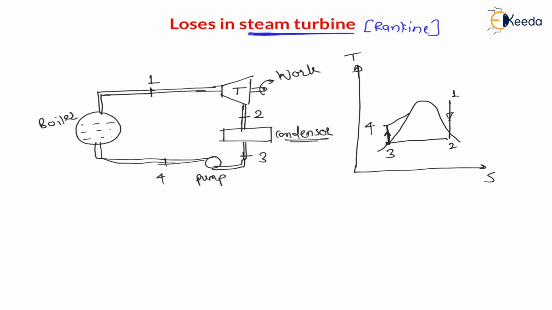Then 4 to 1 is constant pressure heat supply. Now this is the ideal Rankine cycle or ideal steam turbine cycle without losses.